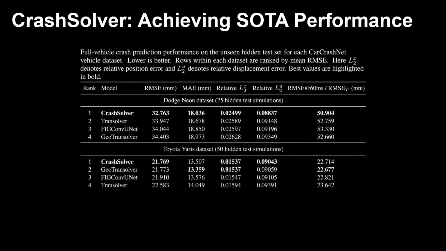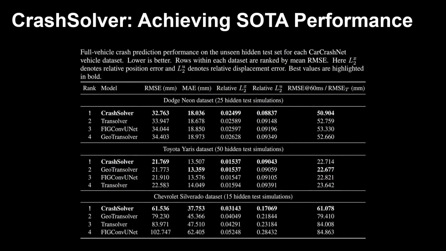For the Toyota Yaris with 50 hidden cases, CrashSolver achieves state-of-the-art results with RMSE of 21.7 mm. For the more complex Chevrolet Silverado with 15 hidden test cases, CrashSolver achieves 61.5 mm compared with 79.2 mm for the next best model. The largest improvement appears on the most structurally complex cars, demonstrating the value of explicitly modeling semantic components and their interactions.